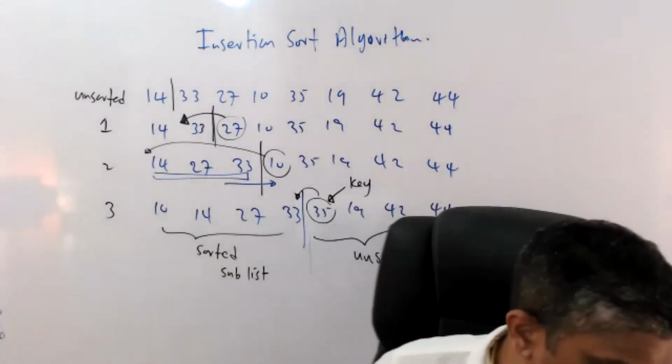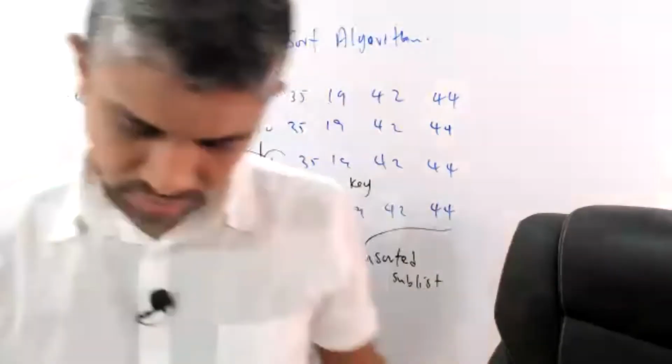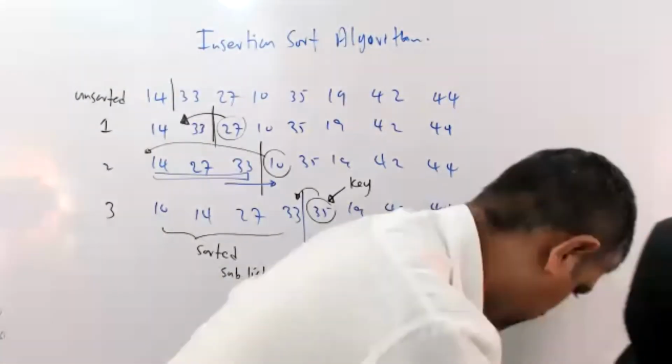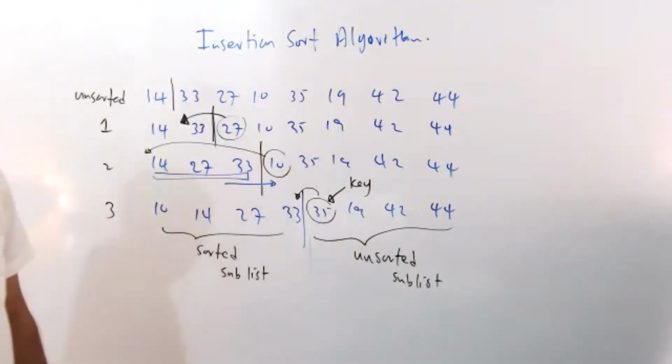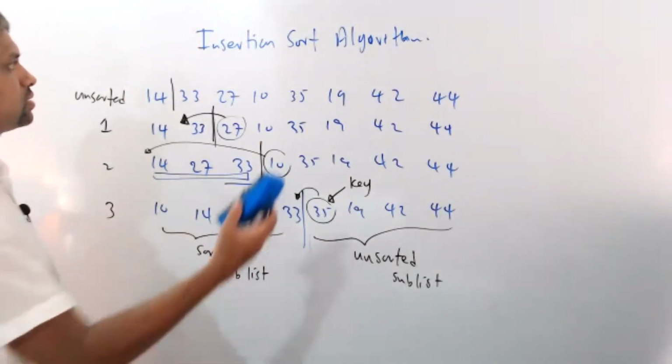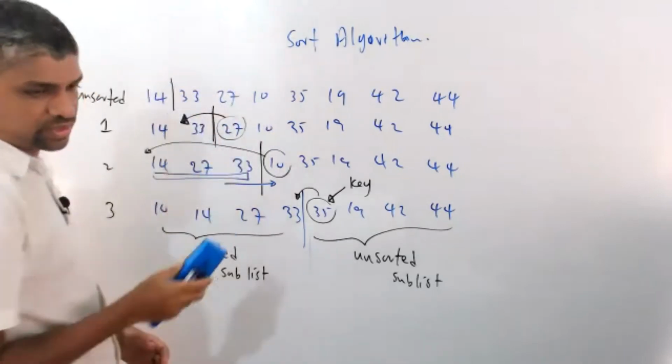It's called selection sort. Selection sort is the most familiar method for us. Select, insertion, selection.